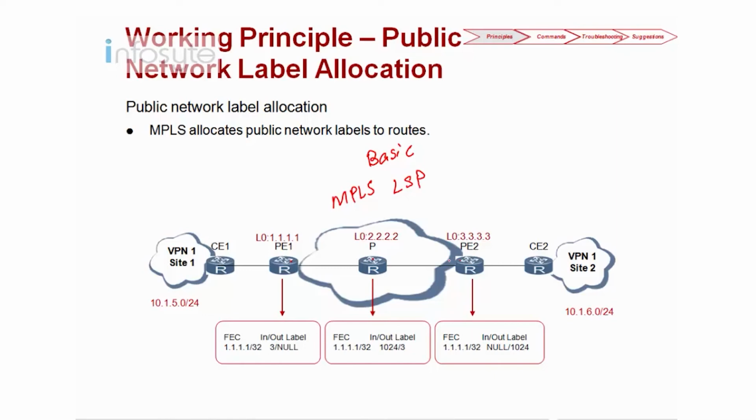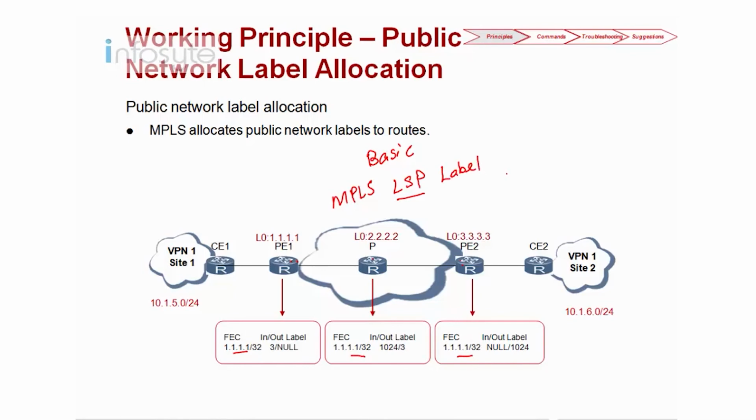They must have the reachability of their LSP. So how to reach PE2 and how PE2 reaches PE1. So all the labels are already generated. So this is on the LSP labels.